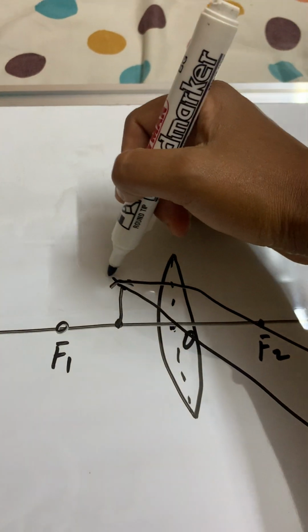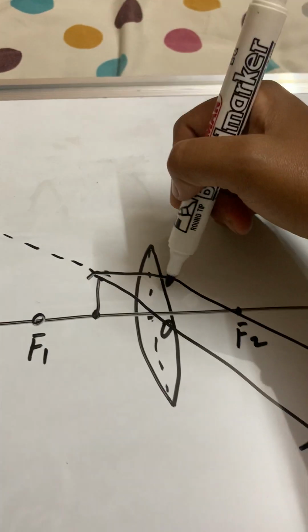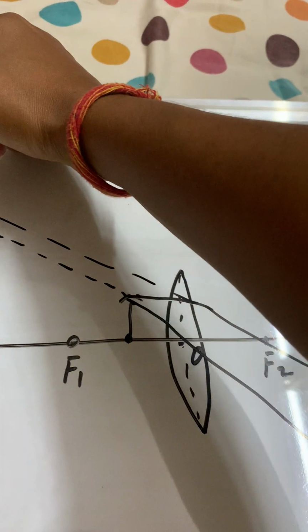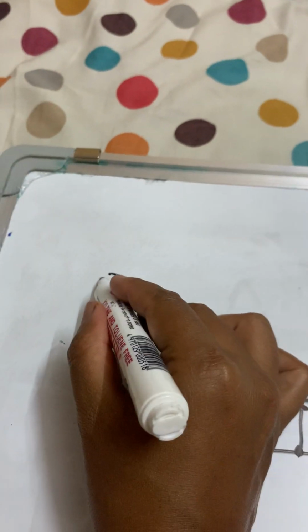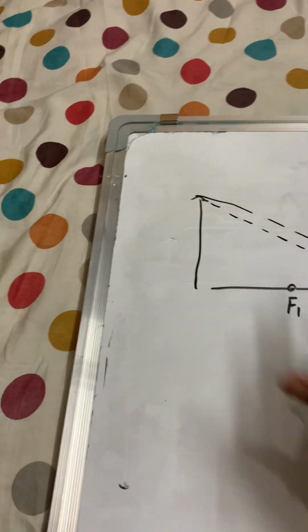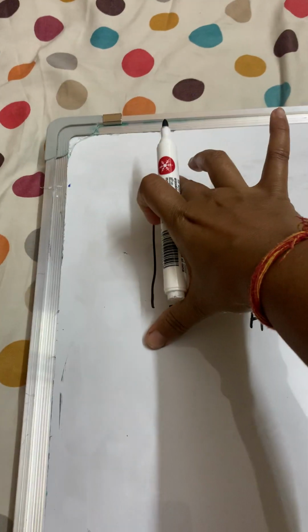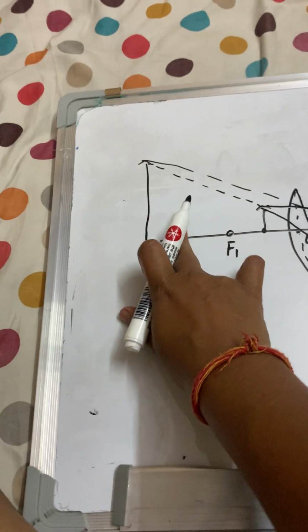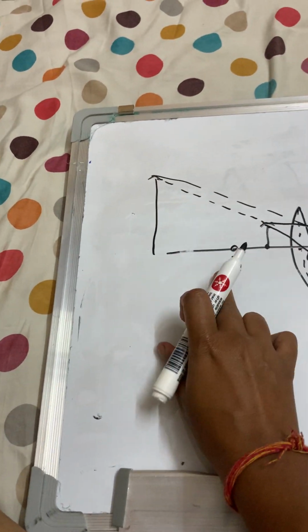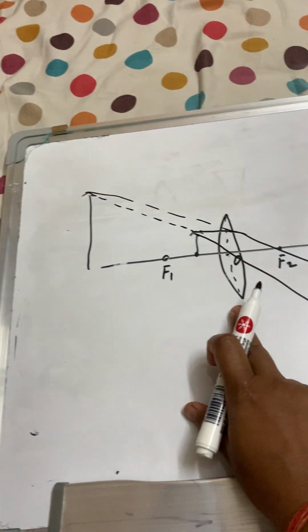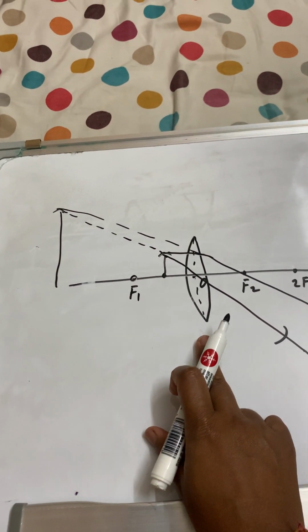So you'll produce them backward. When you produce them backward, where are they meeting? Right? So how is the image? Virtual, bigger, magnified, erect, right? And because of this, the convex lens is used as a magnifying lens. Okay, thank you.